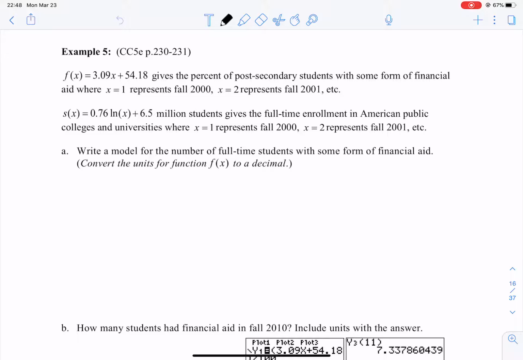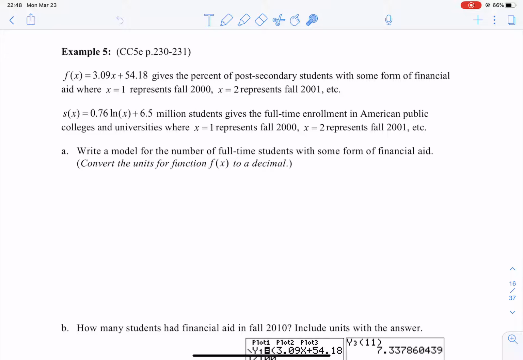Example 5, f of x gives the percent of post-secondary students with some form of financial aid. So we know f of x is the percent of something. And when x is 1, it means fall 2000. X is 2 means fall 2001.